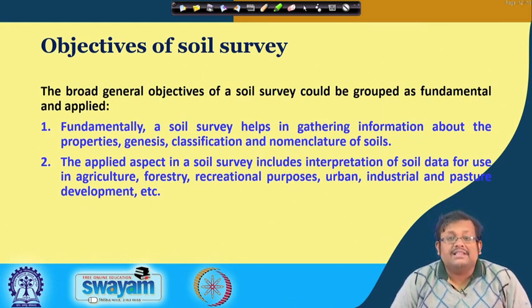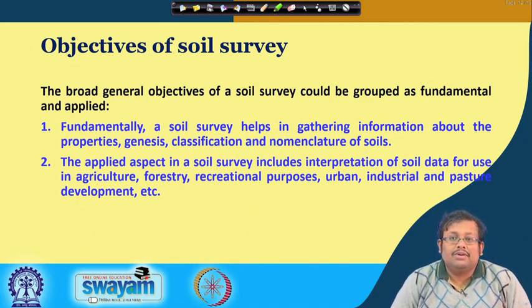And the applied aspect of soil survey includes interpretation of soil data for use in agriculture, forestry, recreational purposes, urban, industrial and pasture development, etc. Again, the fundamental aspect says that a soil survey helps in gathering information about the soil genesis, and it helps in classifying the soil and then naming that particular soil.